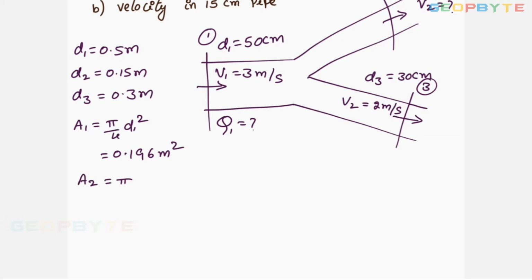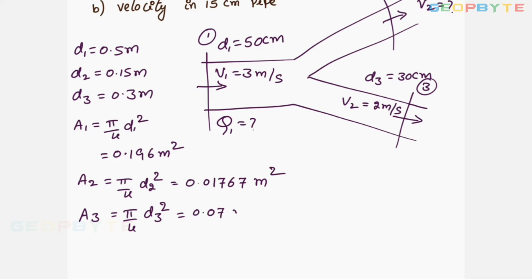Similarly, a2 equal to pi by 4 into d2 square, you substitute d2 equal to 0.15 for getting 0.01767 meter square, and a3 equal to pi by 4 into d3 square, d3 equal to 0.3 meters. Put that value for getting a3 0.07 meter square.